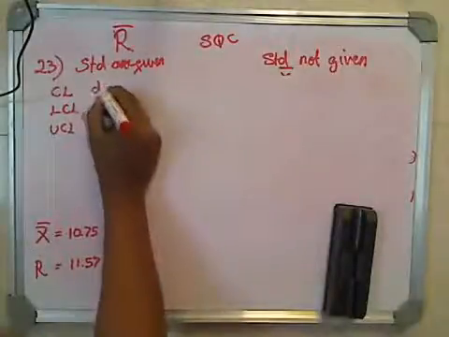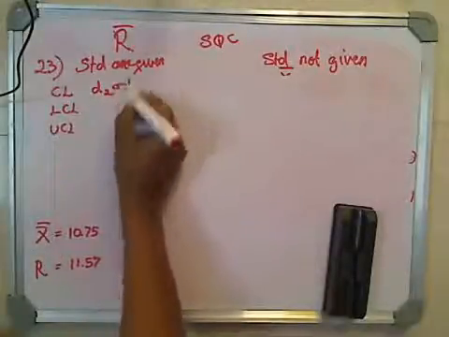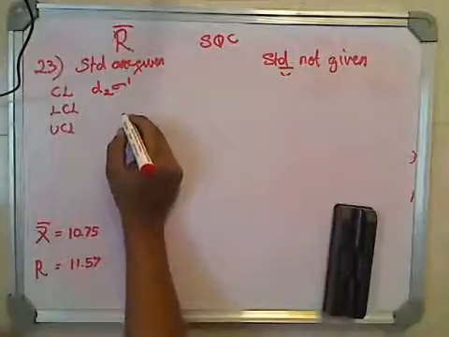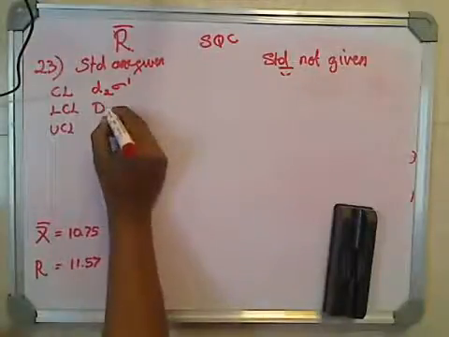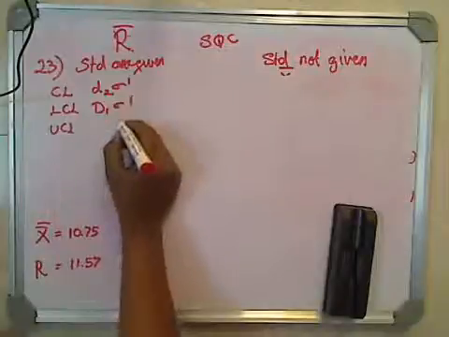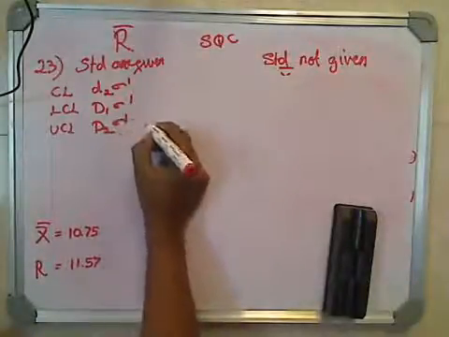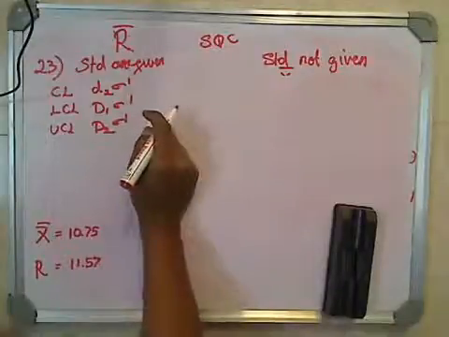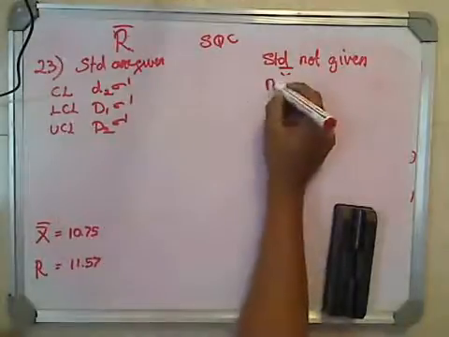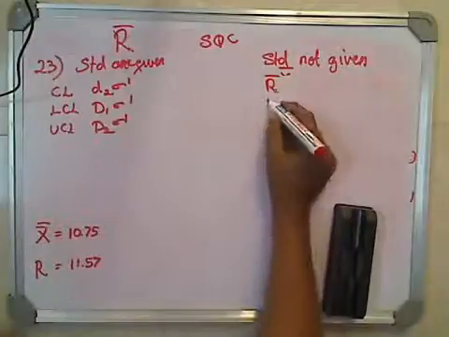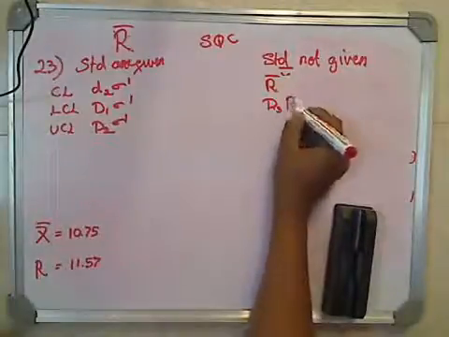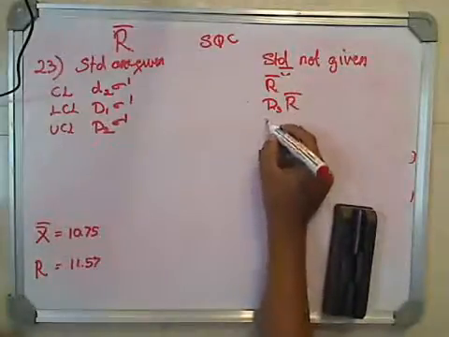The formula for calculating them: D2 times the standard deviation. The lower control limit is defined as D1 times the standard deviation, and in cases where the standard deviation is not given, the range, D3 and D4.